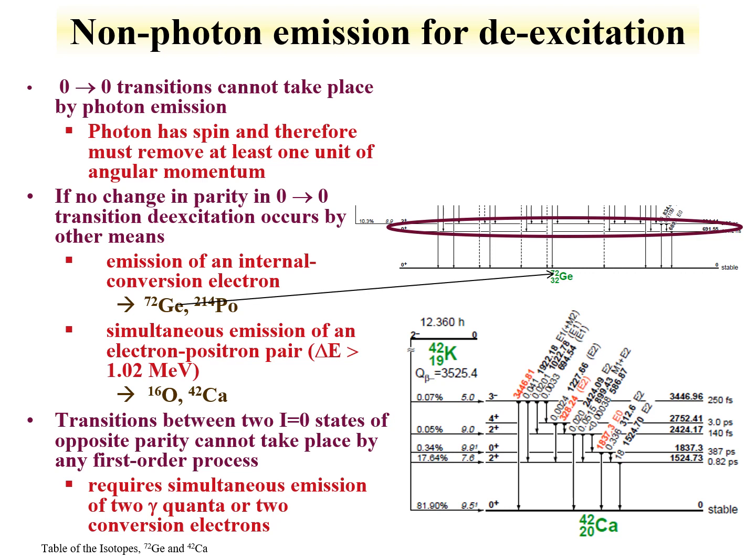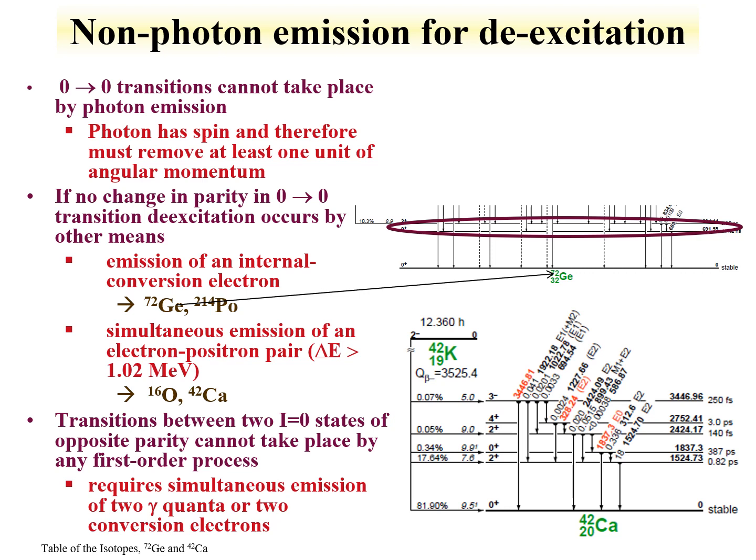The transition from that excited 0 plus state to the ground state cannot take place by photon emission, because a photon has spin and therefore must remove at least 1 unit of angular momentum. In 0 to 0 transitions, there are no units of angular momentum lost. And if no change in parity occurs, de-excitation must occur by other means.